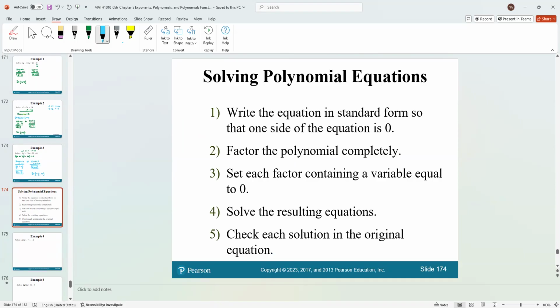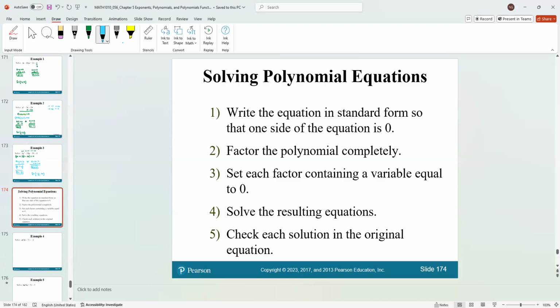Factor the polynomial completely, no positive, negative, or division sign between the parentheses, only multiplication. Solve the resulting equation by setting each factor equal to 0. At the end, once you obtain an answer, you check each answer in the original equation to make sure the left side equals the right side. Then you state the solutions.